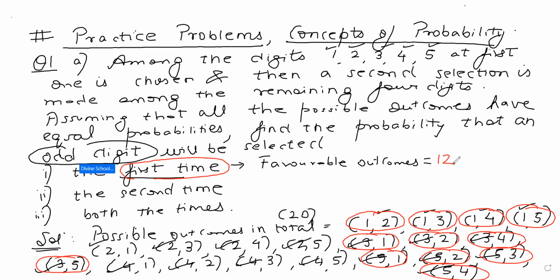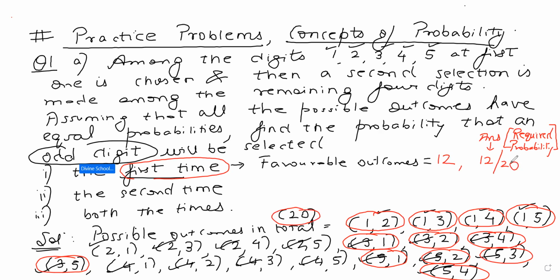So my required probability in the first case is 12 upon the total number of outcomes, 20.